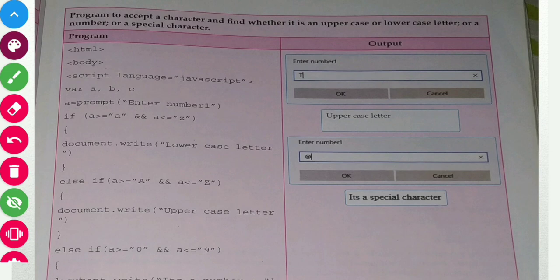As usual, we'll write the HTML program, the body tag, then we'll include the script language and mention that it is JavaScript. Then friends, we need three variables. As per our choice, for this program we have declared var a, b, c. A, B, C are three different variables.